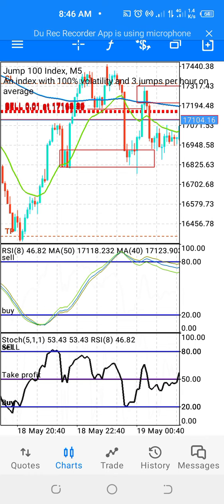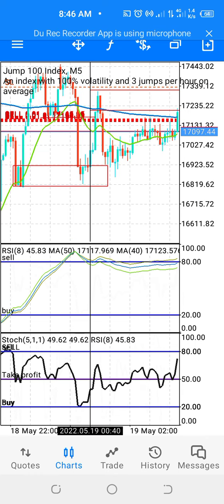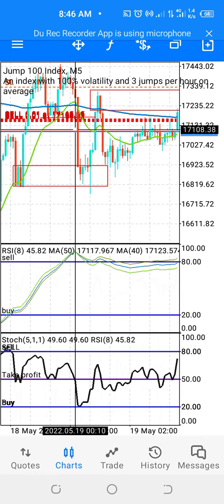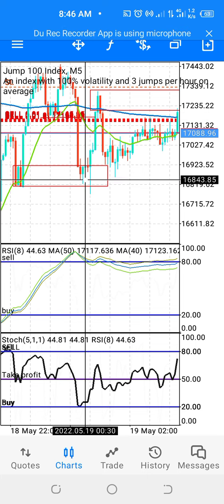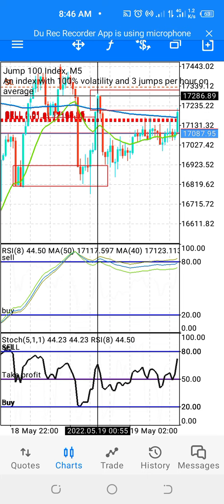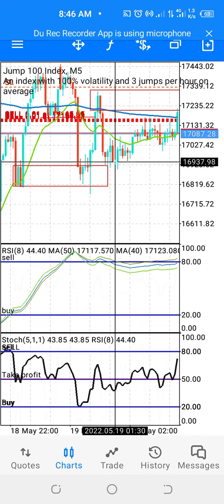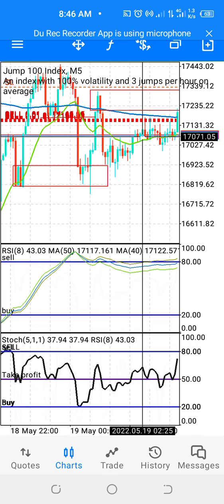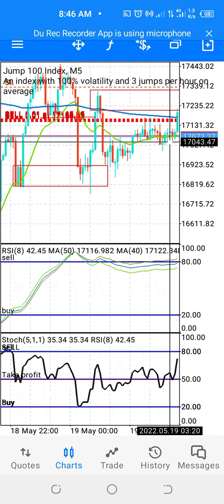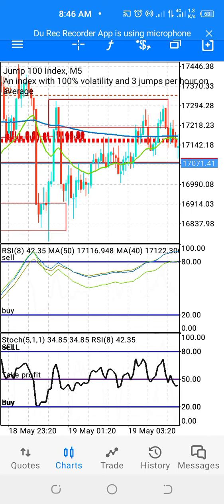After this low has been broken, we came high up to this point. The market was consolidating and going up, meaning that it did not have strength.